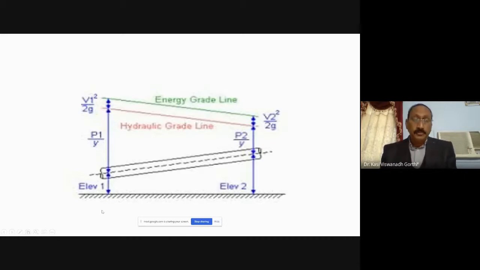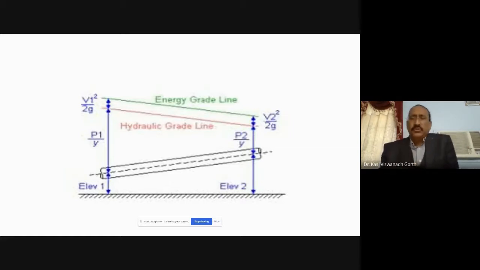So if you wish to apply the Bernoulli's equation between the two sections in a pipe flow, we say that Z1 plus P1 by gamma plus V1 square by 2G is equal to Z2 plus P2 by gamma plus V2 square by 2G plus HL, the loss of head. This loss of head may consist of major losses and minor losses.